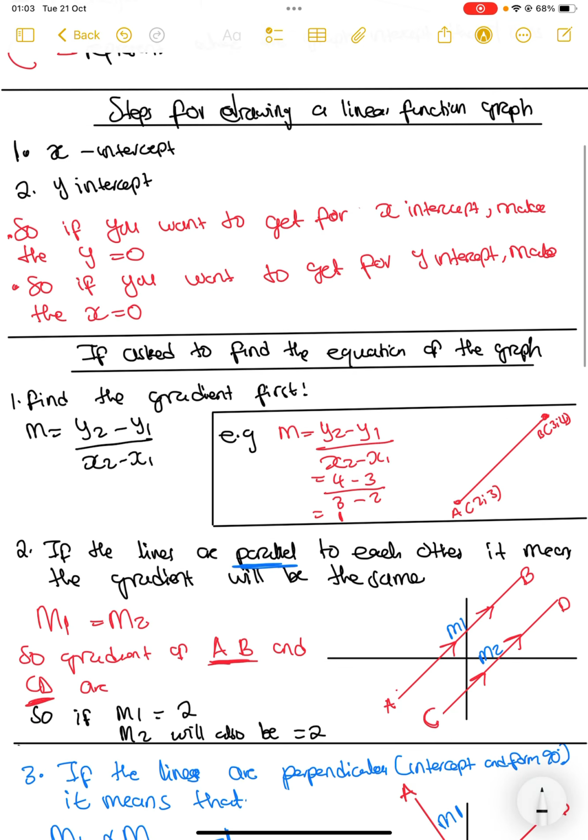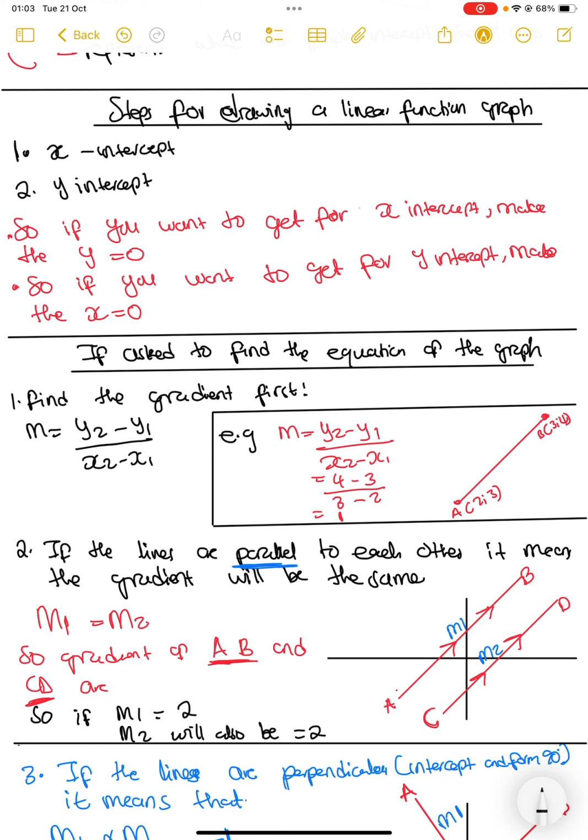Alright. But the question is, how can you find the gradient of the graph? To find the gradient, m equals the coordinates y2 minus y1 over x2 minus x1. When you're getting the gradient like this, don't make the mistake of starting with y2 minus y1 and then on the x part starting with x1 minus x2.